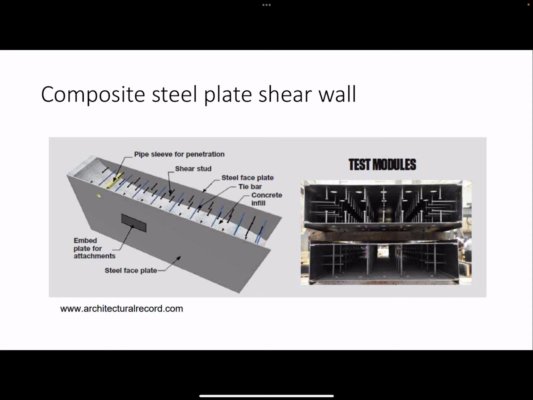And so what this does is instead of using your traditional reinforced concrete shear wall, where you have rebar cages and then formwork, and then you pour the concrete in there, wait for it to cure, remove the formwork, move on to the next. Here you have two steel plates with studs arranged as shown. Concrete is poured inside, and that is your structural element, right?